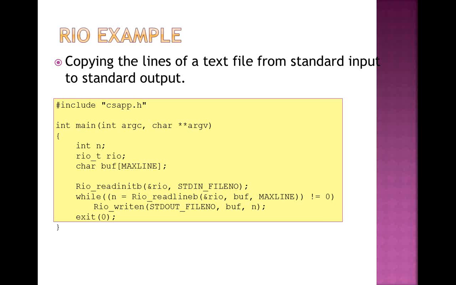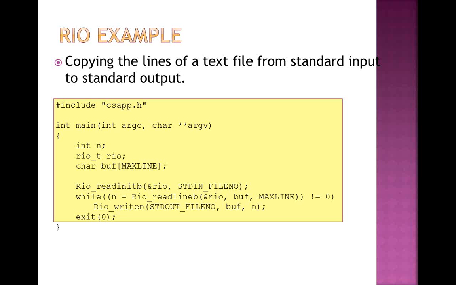So that's why it is using the while loop, that is if it is not equal to 0. Not equal to 0 means it has not reached the end of the file. Why? Because if it reaches the end of the file, there is a short count. So it counts until it is equal to 0.